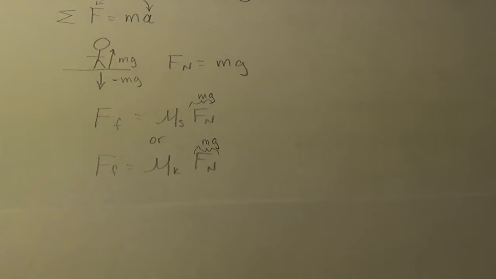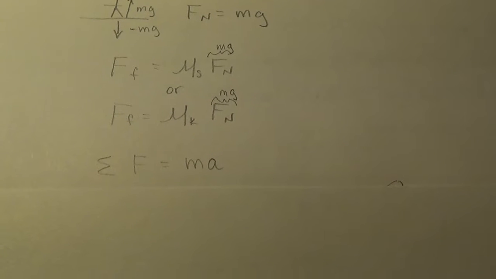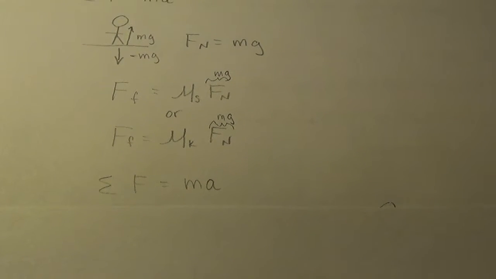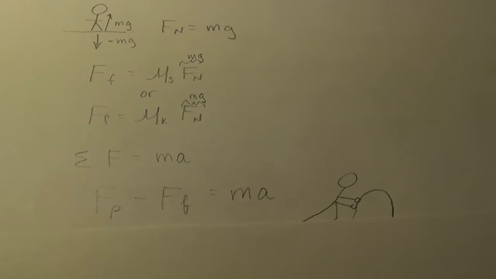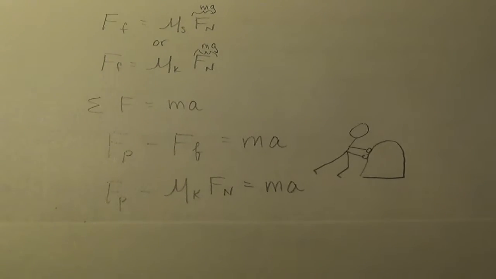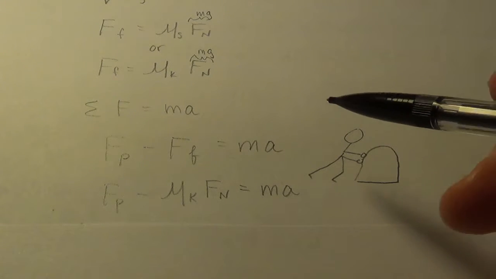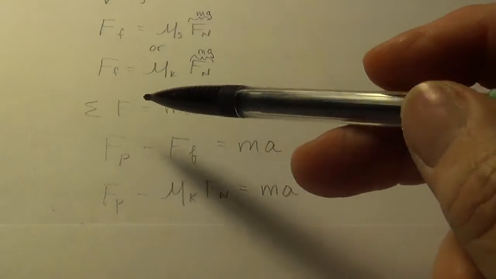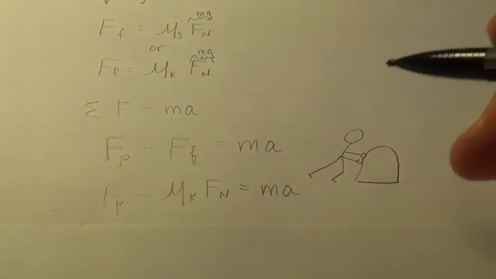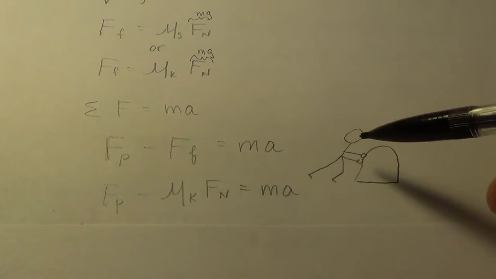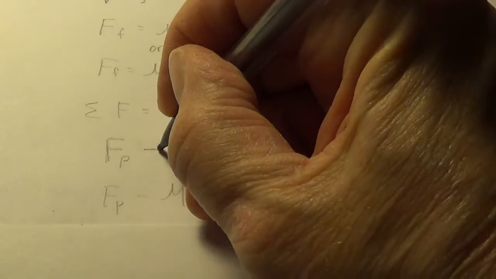All right, so let's go back to the sum of the forces equals ma, and recognize that when we have a little person exerting a force, like here, we did some problems where we put together the sum of the forces, and there were two forces: the force of the pull or the push, and this happens to be a push example, minus the force of friction.